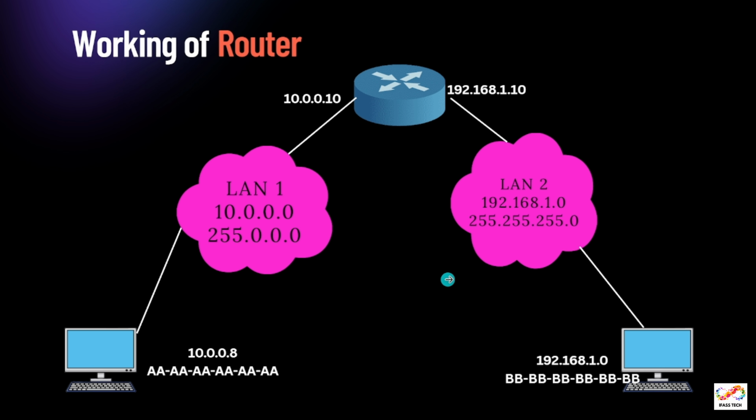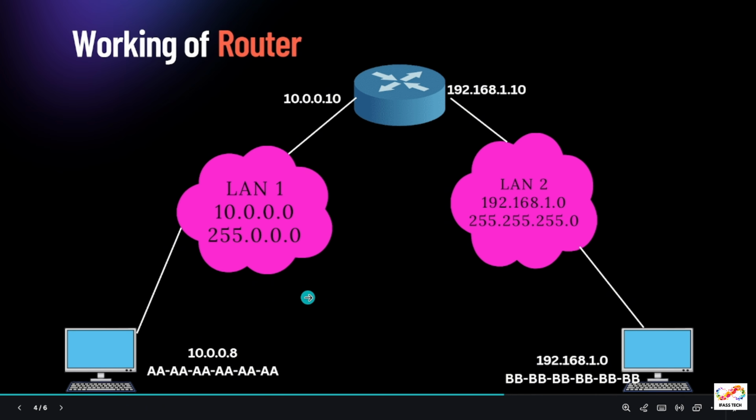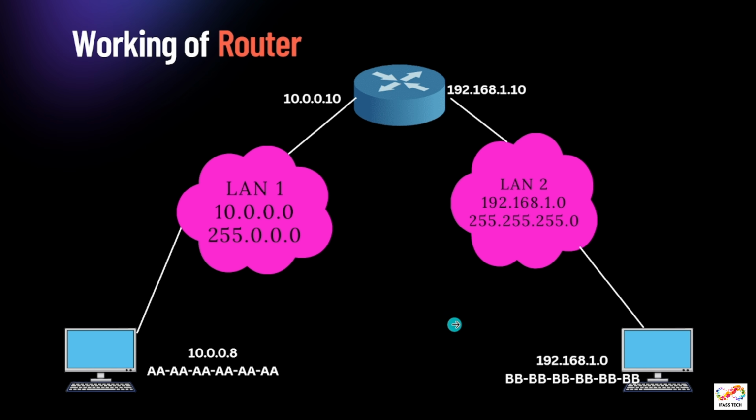If a device has an IP address starting with 192.168.1.1, it belongs to network 2. Now imagine a PC in network 1 has IP address 10.0.0.8, and a PC in network 2 has IP address 192.168.1.0.